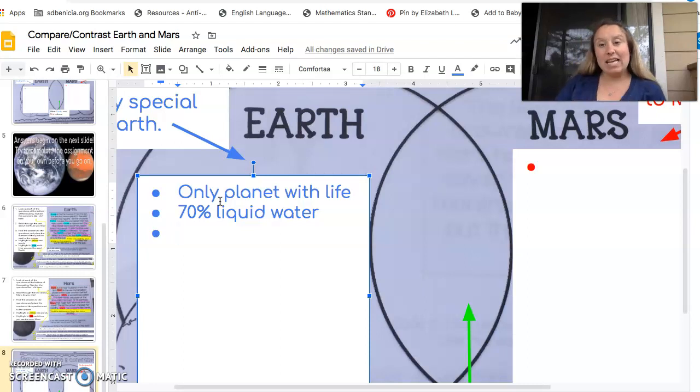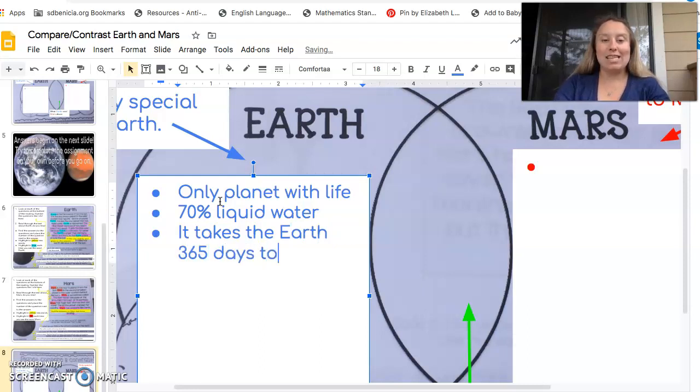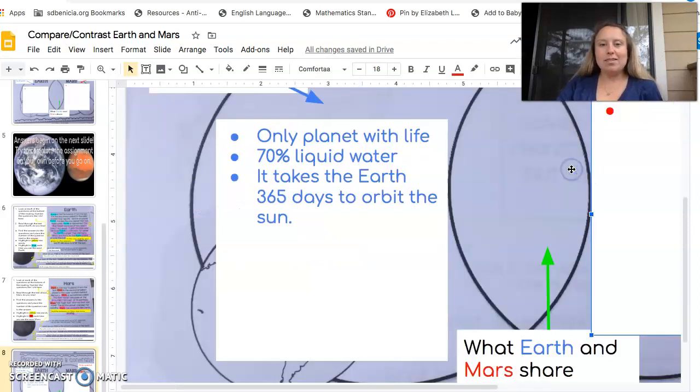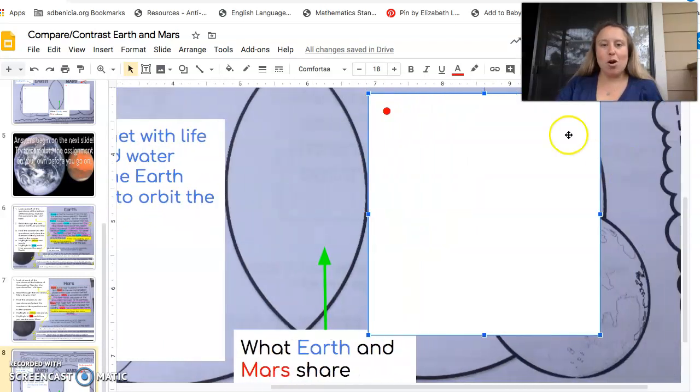And how many days does it take the Earth to orbit the sun? Do you remember? Go back to the reading if you've forgotten. 365 days to orbit the sun.